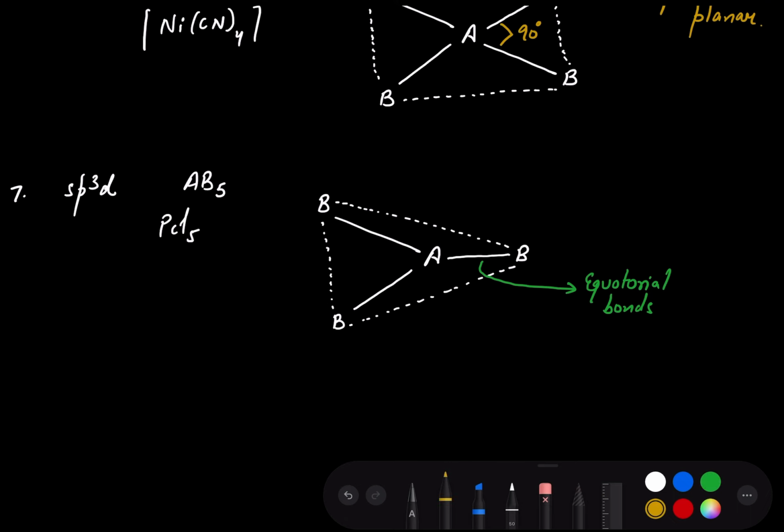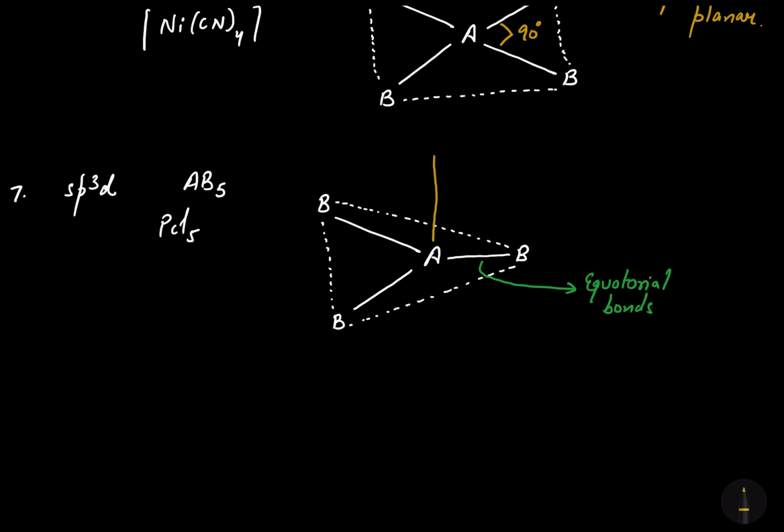So another B will be over here. That's B, and that's our fifth B. I hope you are getting the structure in 3 dimensions. The two B's shown in yellow color, the bonds formed by them are called axial bonds.